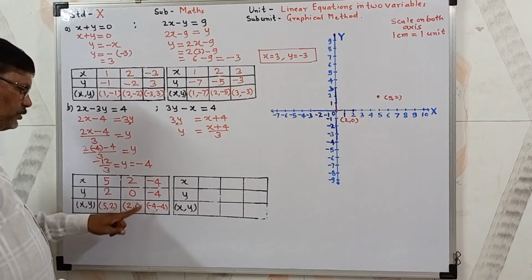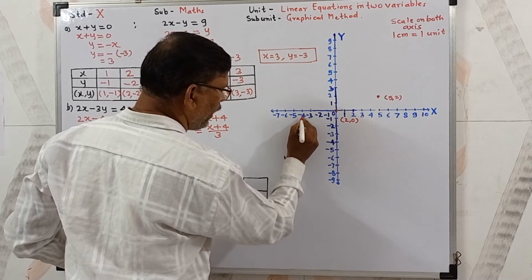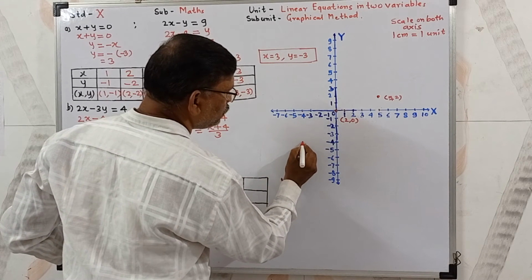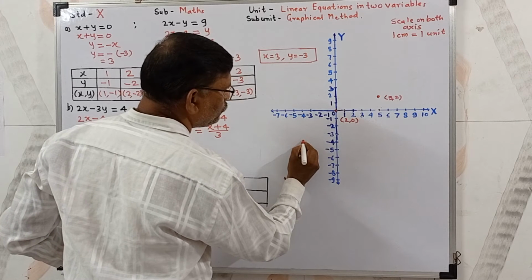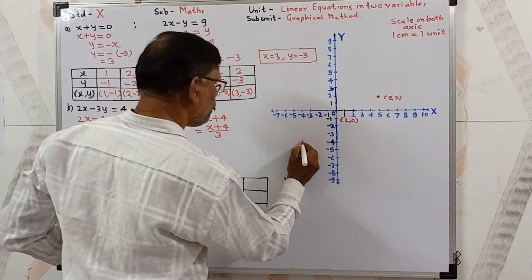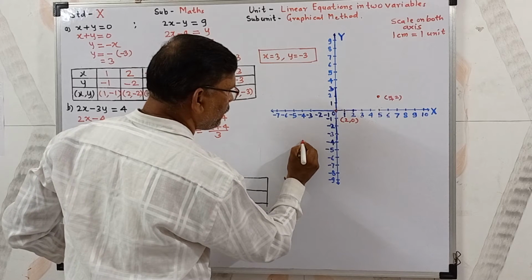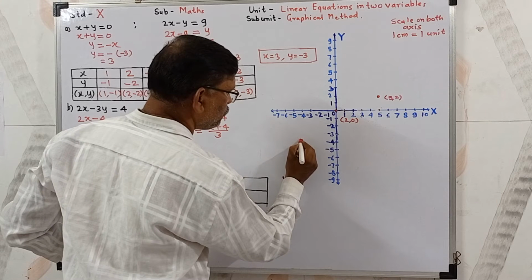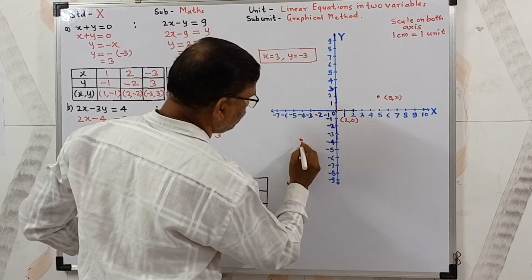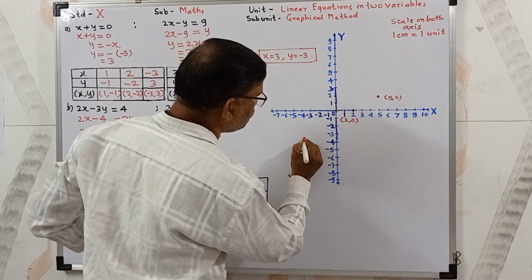The next point is (minus 4, minus 4). Here is first minus 4 and minus 4.